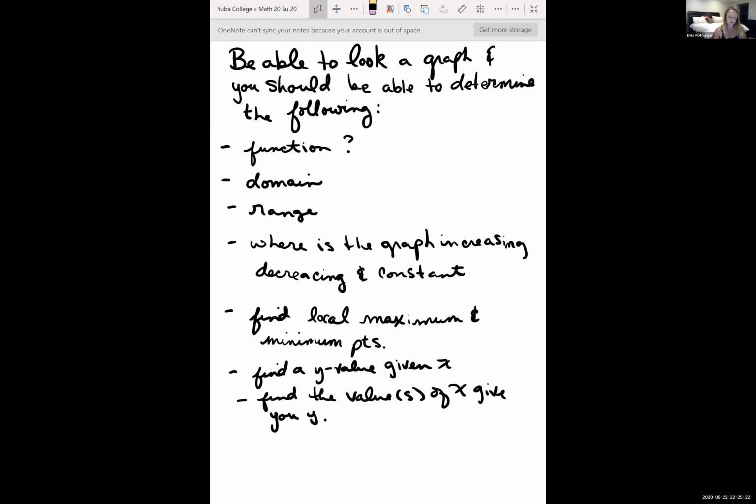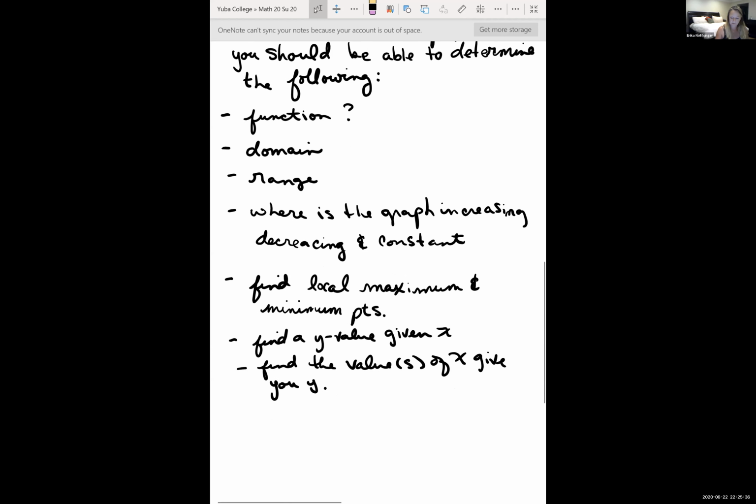Okay, so we'll be able to do that by looking at graphs of functions. Unfortunately, not all of this we can do by looking at an equation of a function until you have some calculus behind you. But that is one thing that you'll learn in calculus, and that will help you graph functions if you can tell where a graph is increasing, decreasing, where max and mins are.